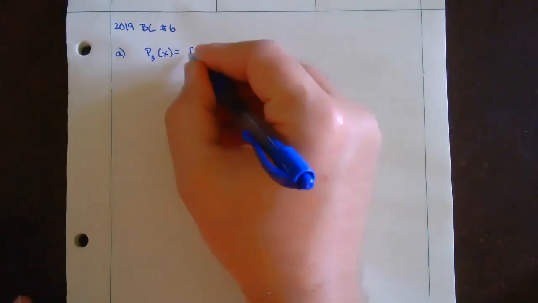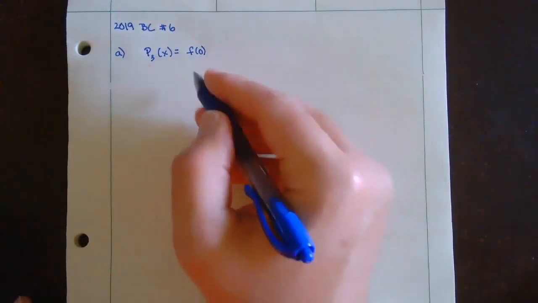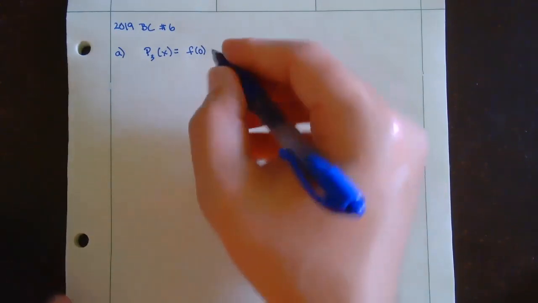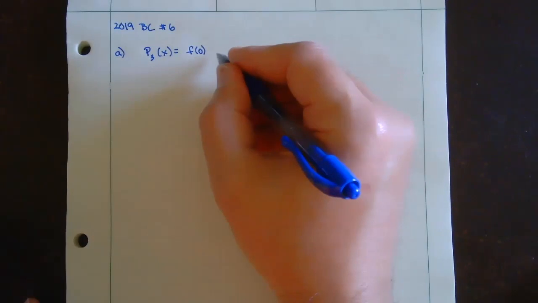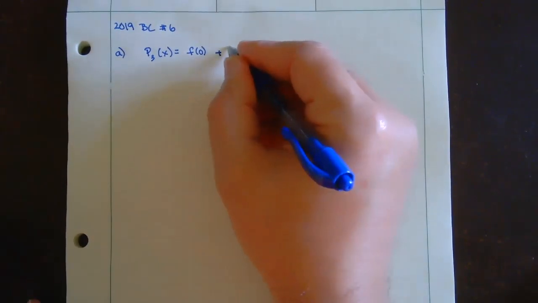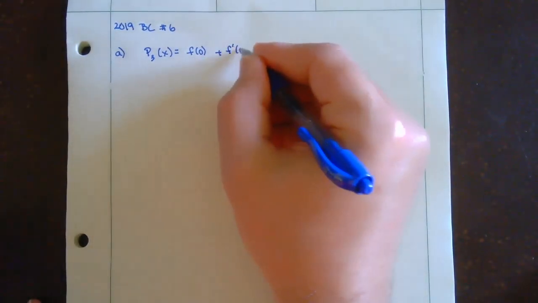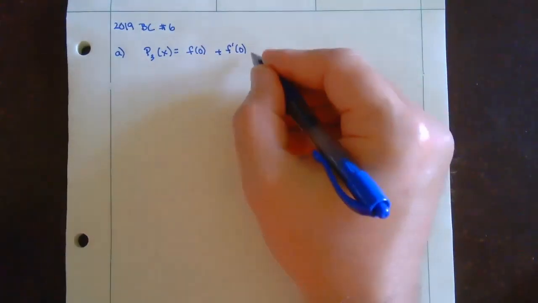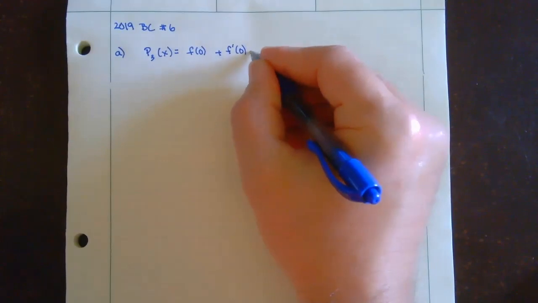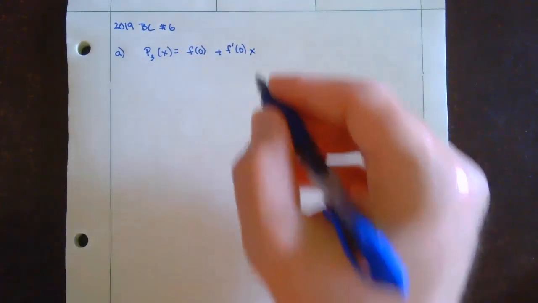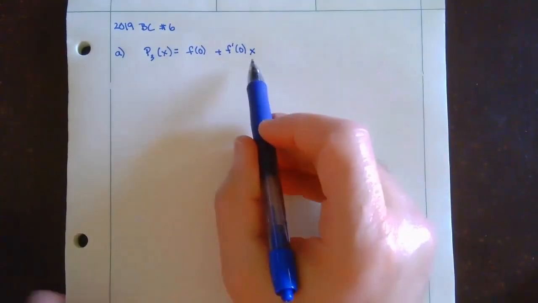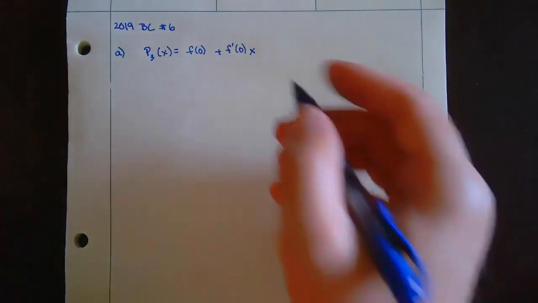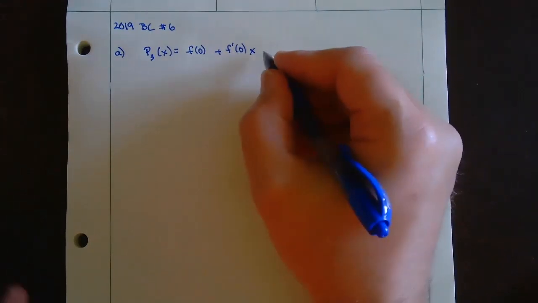It'd be f of 0 over 0 factorial, which we don't write, times x to the 0, which we don't write, because those would just be ones. And then plus f prime of 0 over 1 factorial, but we're not going to write 1 factorial because it's just 1, times x. That's a first degree Taylor polynomial. We need to go to the third degree, so we need to go 2 more terms.